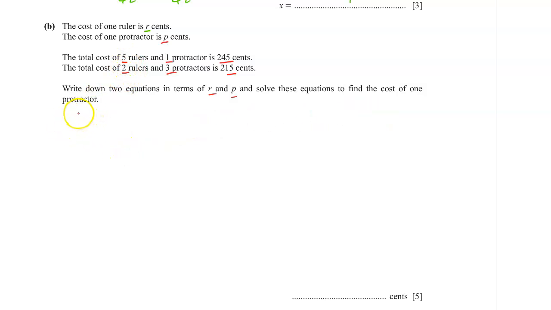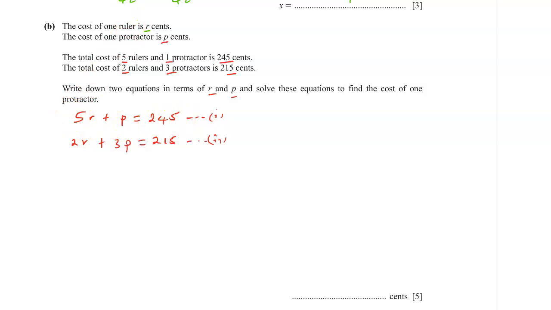So 5 rulers, 5R plus 1 protractor, P, this costs 245 cents. 2 rulers plus 3 protractors costs 215. This is a simultaneous equation: equation 1, equation 2.